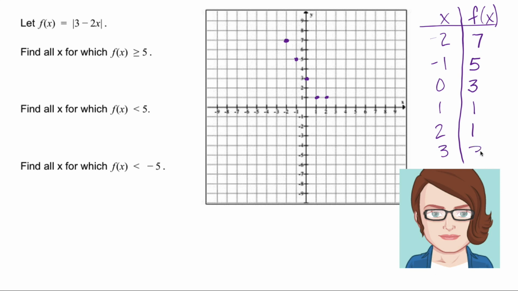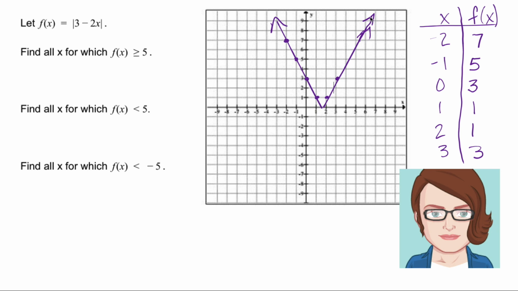Absolute value of -3 is positive 3. So now we get another point. If we use a ruler, we can connect these, and here's our V.